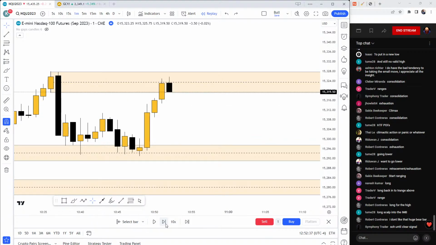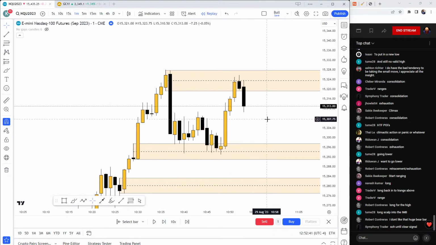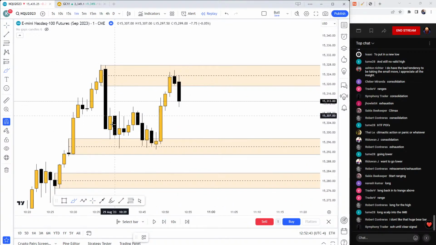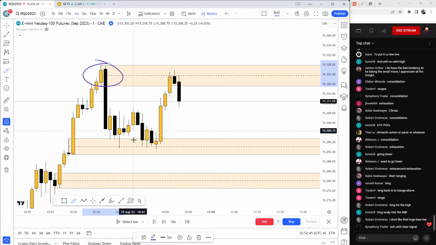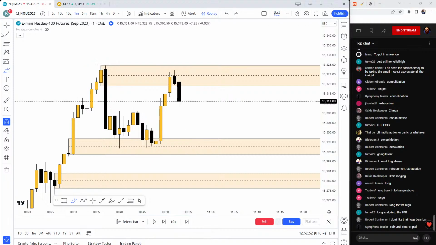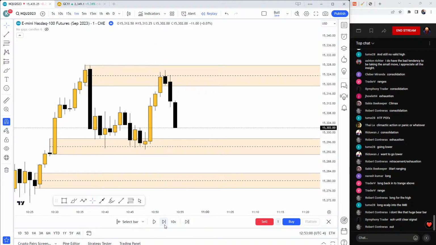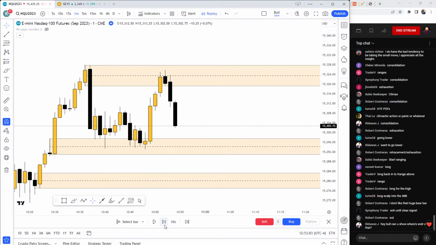Okay. Now, if we're in a range, which it looks like we are, we've got a valid high, right? We now have a valid low, which tells us we're in a range. This should trade back into consolidation. We'll see what we get. Right? But you're looking at failure.